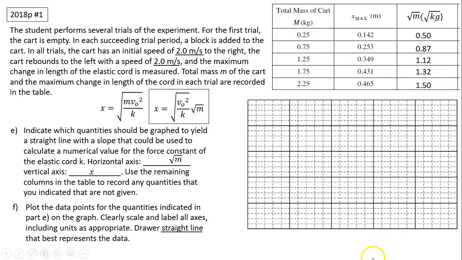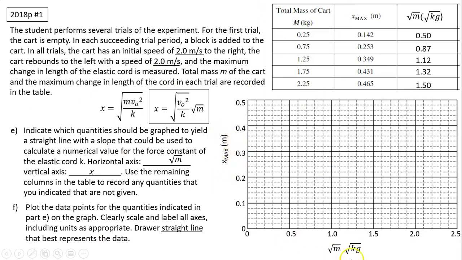Next part is to plot the data. Remember, you'll have to clearly scale and label all axes, so the scale has to be linear, and you're asked to draw a straight line that best represents the data. So the scale for square root of m is from 0.5 to 1.5, and I find this the most convenient way to graph it. And for x max is from 0 to 0.5.